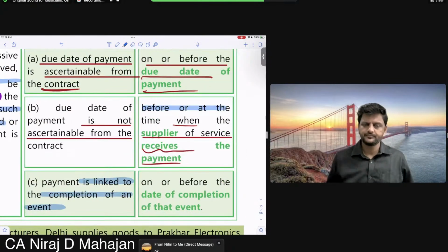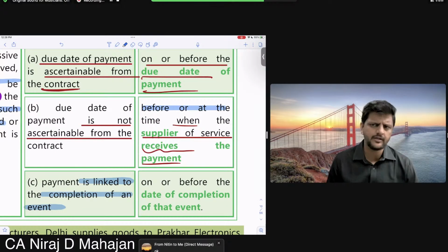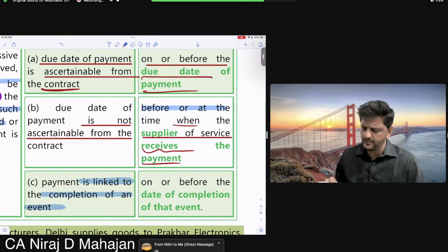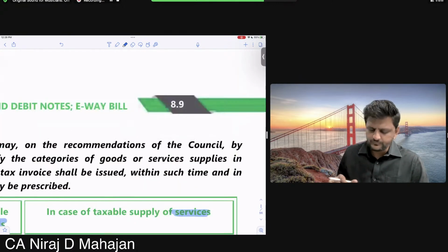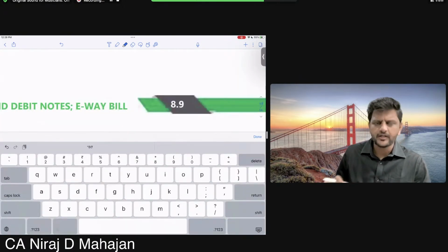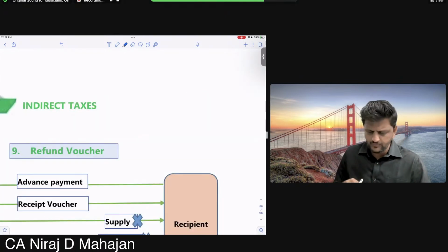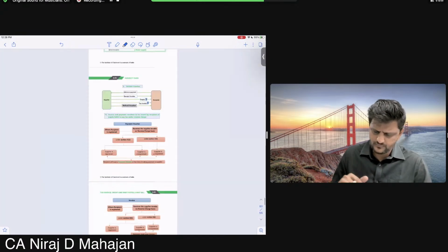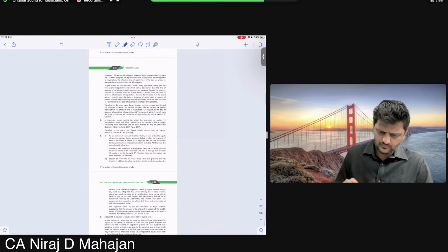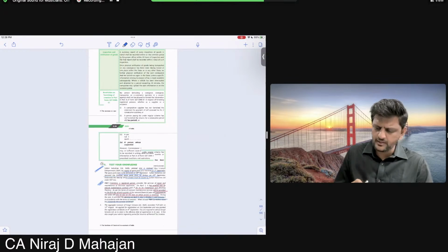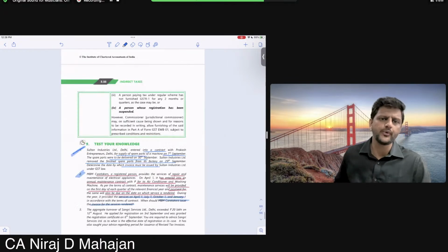Done with all of you? So first thing, always understand, very important. You can write it down in the textbook also, at that page. For continuous supply of services, the first thing you are going to see is whether you can ascertain, that means find, the due date of payment.